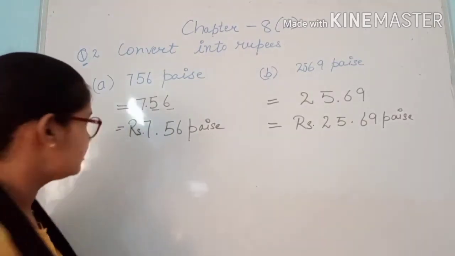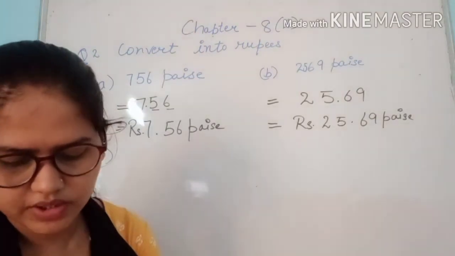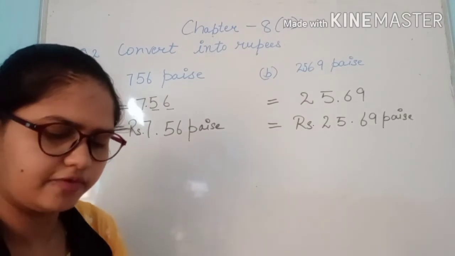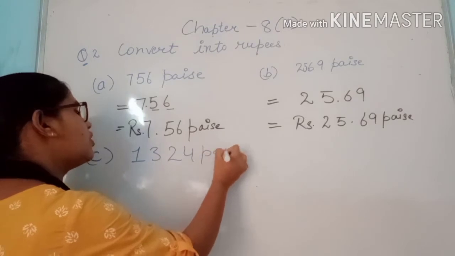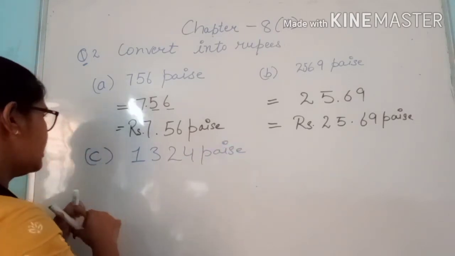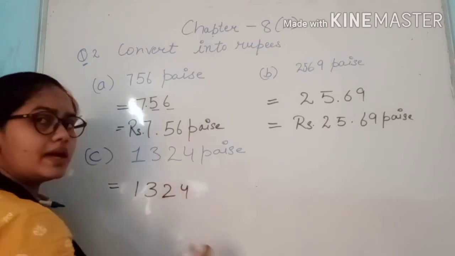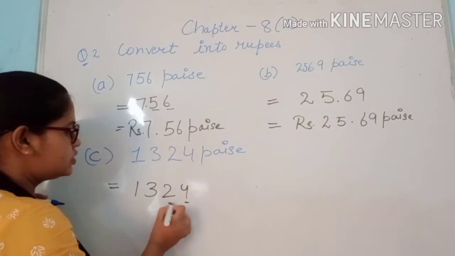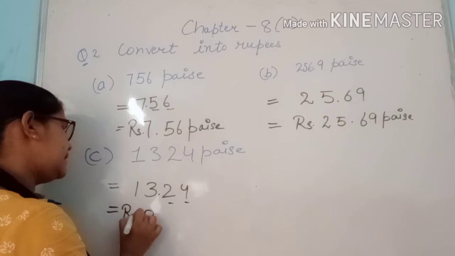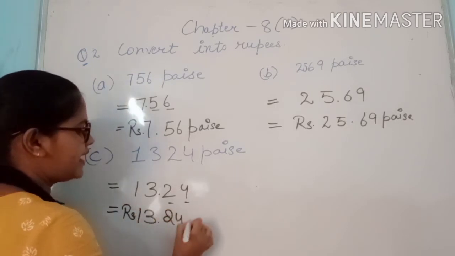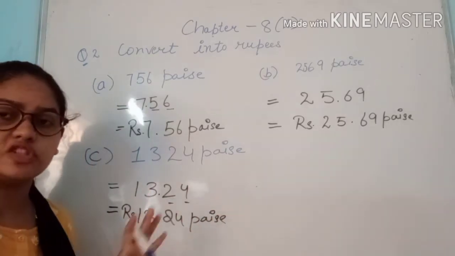So let's write it: C1 is 1324 paise. Now we will convert it into rupees, right? So 1, 3, 2, 4. Let's count it. 1, 2, and take a point here, which makes 13 rupees 13.24 paise. So this one is our third one, which means C1.